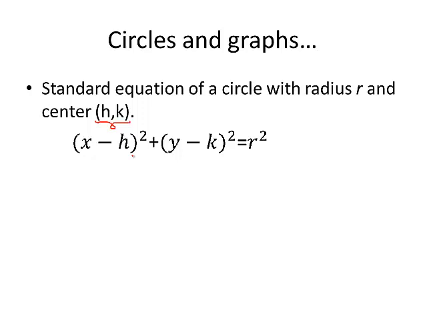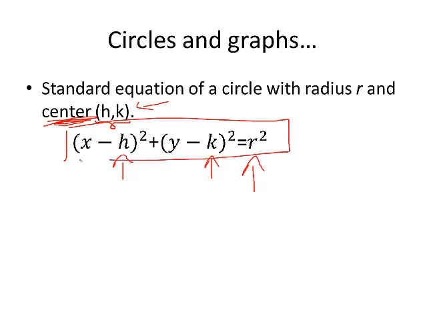Just like in the Pythagorean theorem, this is your radius squared. Your h is here, your k is here, and the point you get, the xy coordinate point, is your center, (h, k). This is the thing you need to commit to memory for this part of the chapter.